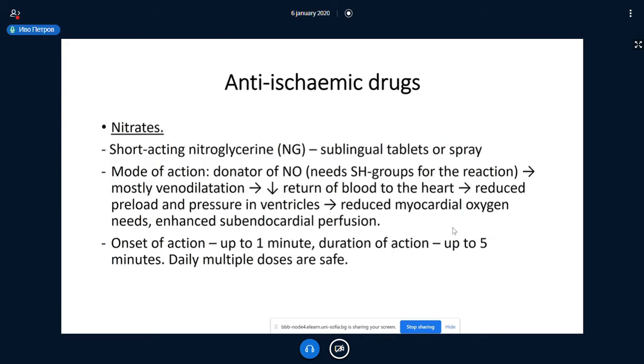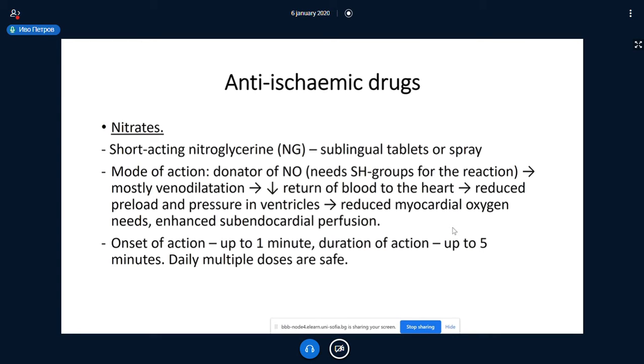We are starting with nitrates. The nitrates have several mechanisms of action. Probably not only you, but also many medical doctors can be surprised that the main effect of the nitrates is not the improvement of the coronary flow, but the decrease of the venous return.